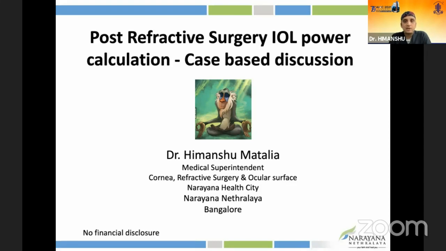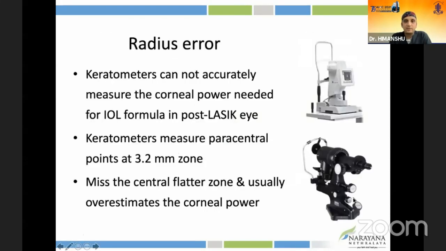Now, earlier, whenever we had a post-LASIK, post-RK or post-PRK patient, we knew that the relationship between the anterior and posterior surface is deranged in cases where you flatten the anterior surface, like in LASIK or PRK, whereas in RK, the relationship between anterior and posterior surface is still maintained.